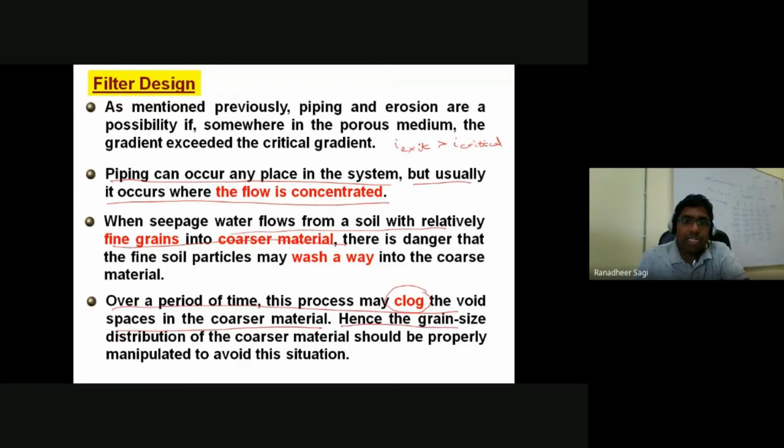Hence the grain size distribution of the coarser material should be very properly manipulated to avoid this situation. So you have to choose your coarse grain particle sizes according to the proper design. Then only can you ensure that such clogging does not happen in that particular drain.